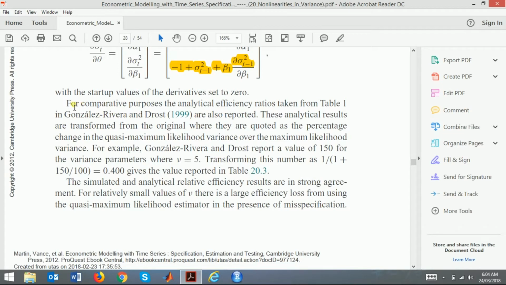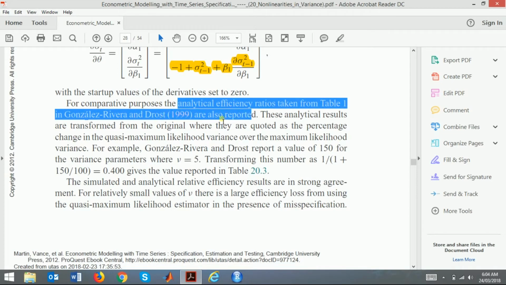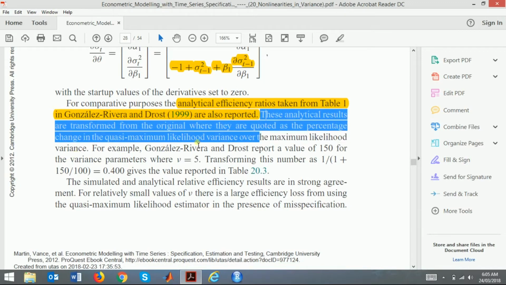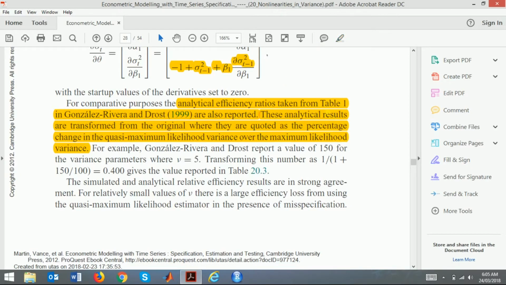For comparative purposes, the analytic efficiency ratios from table 1 in Gonzalez are also reported. These analytical results are transformed from the original, where they are quoted as the percentage change in the quasi-maximum likelihood variance over the maximum likelihood variance. So how much is the quasi-maximum likelihood variance changing from the maximum likelihood variance?